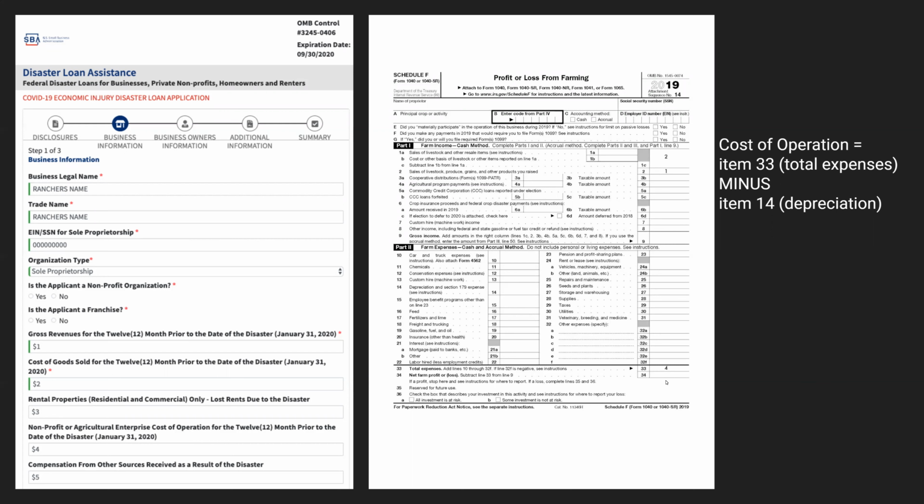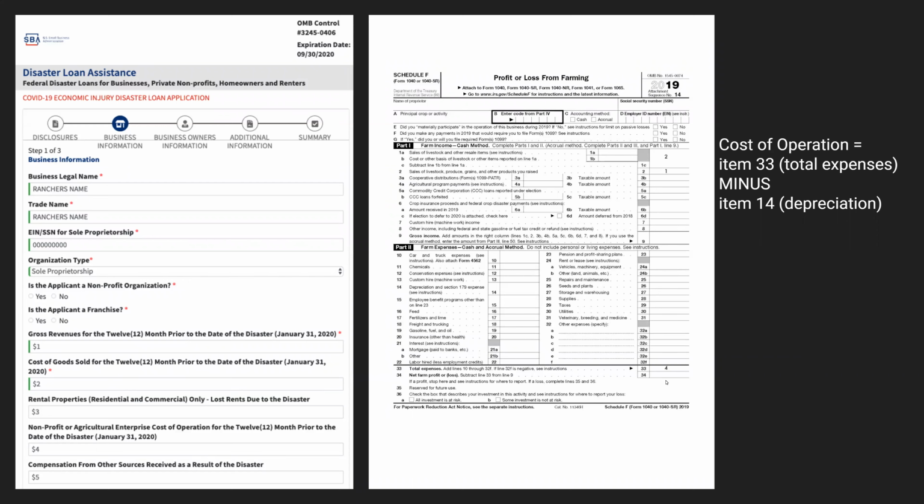We pulled up a Schedule F, profit or loss from farming, to put side by side here to help guide what we understand to be the best way to fill out the application. You'll notice on the left, the disaster loan assistance page from the SBA application portal, the gross revenue for 12 months prior to the date of the disaster, we have $1 entered there.